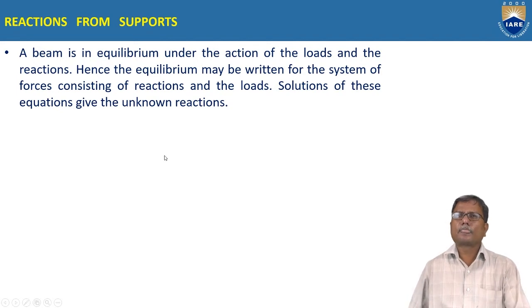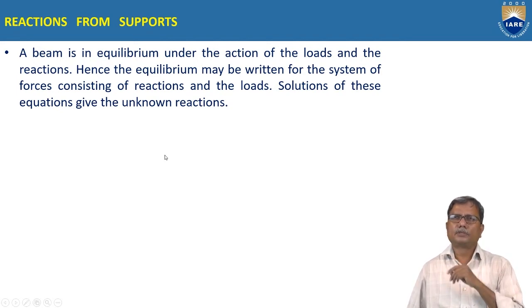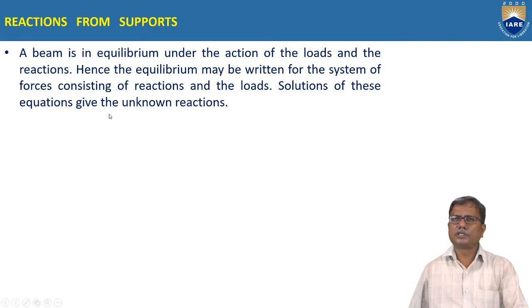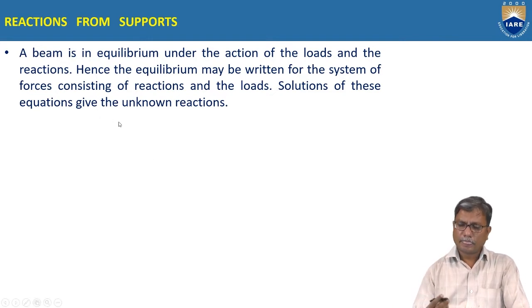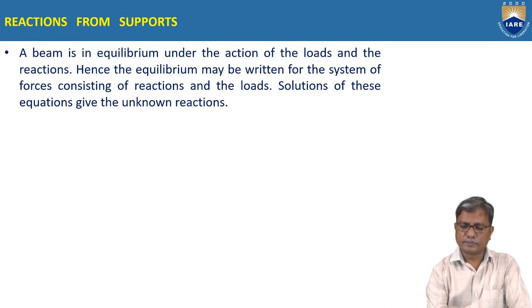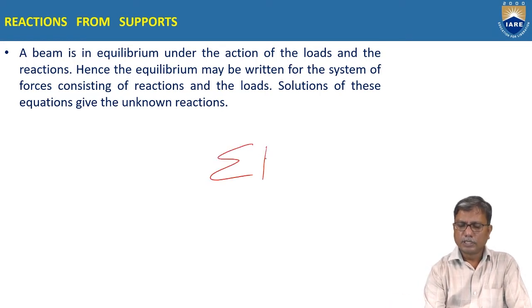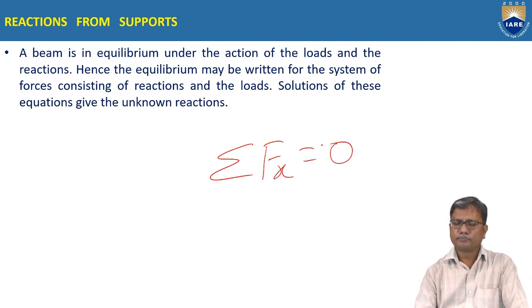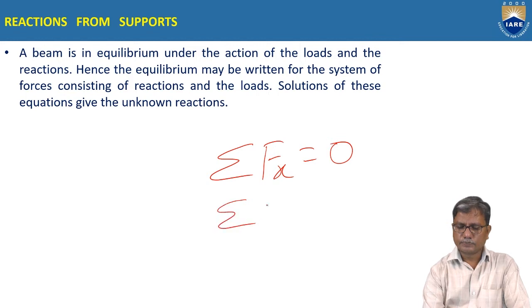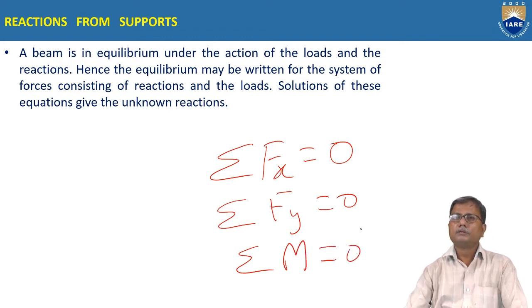For equilibrium of any structure, the necessary conditions to be satisfied, in case of a planar force system, are three equations of equilibrium: sigma Fx = 0, sigma Fy = 0, and sigma M = 0.